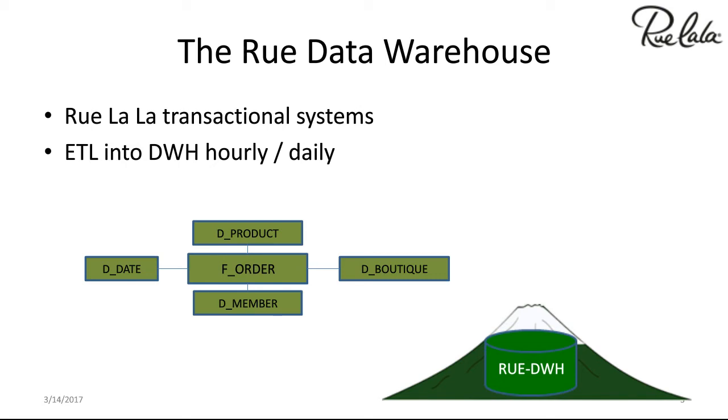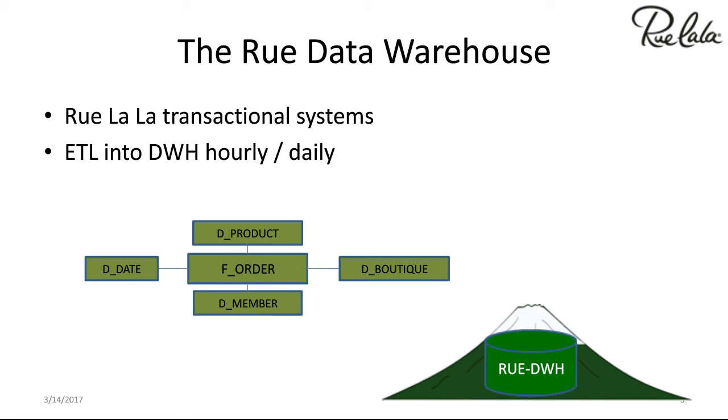Our transactional systems are real-time streaming the data into our data warehouse, and on an hourly or so basis, we're transforming that data into a dimensional model, which I've simplified here for the audience, and think of it as orders surrounded by your product, your member, and various other bits of information. And we like to think of that as our mountain of data.